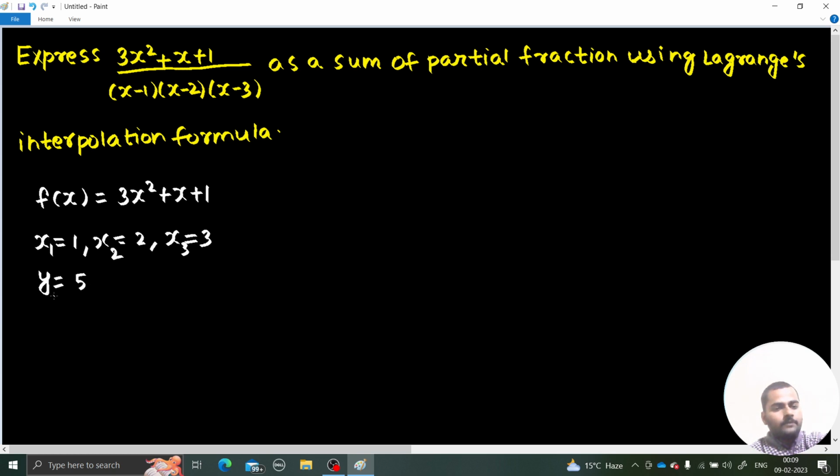So this will become y1, and then you have y2, which is 50, and the value of y3 will be 27 plus 3, 30 plus 1, that is 31.